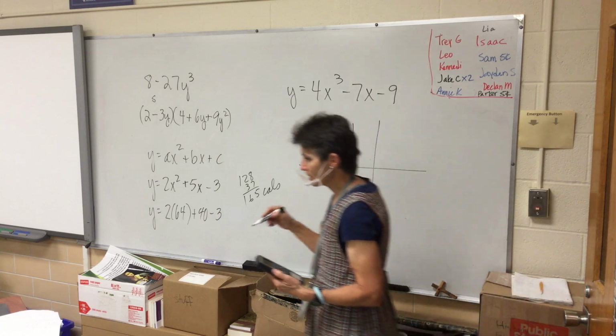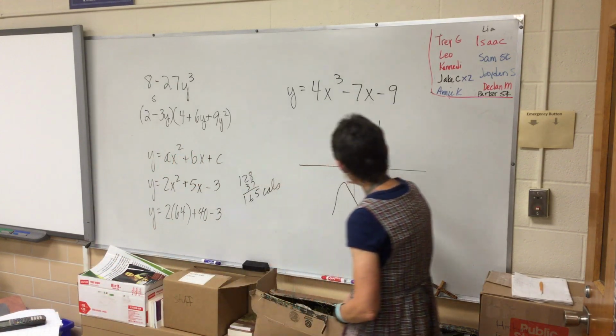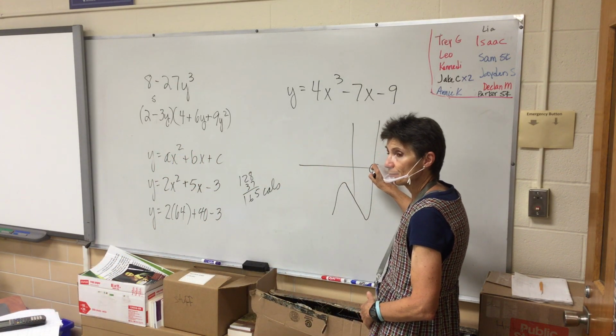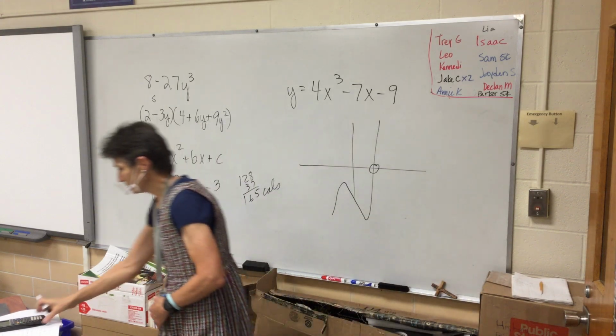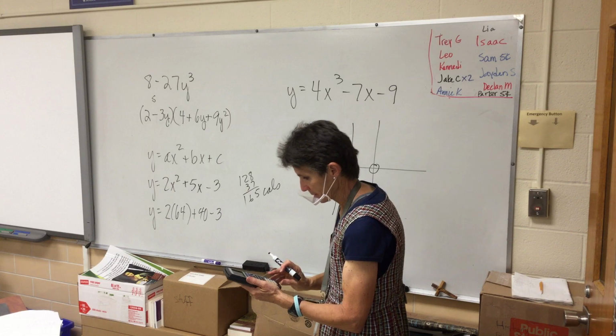So the first question says, find the zeros. Well, there's only one, and it's right there, right? We know how to find that. We second calc 0.